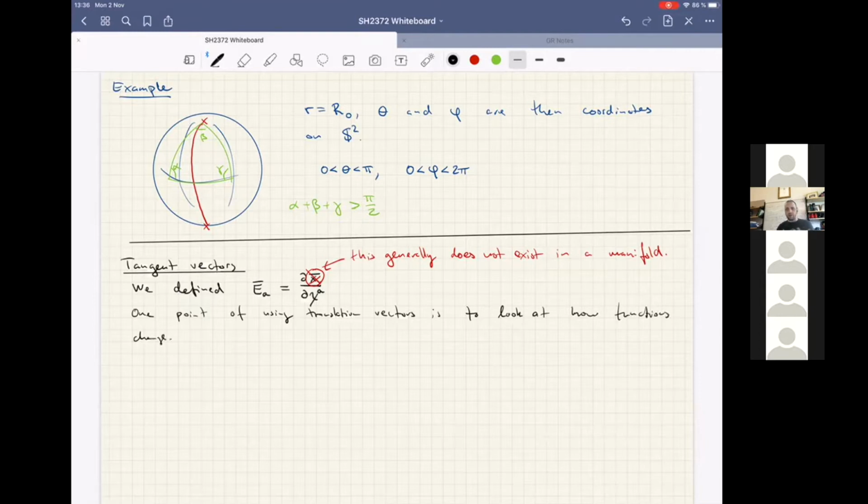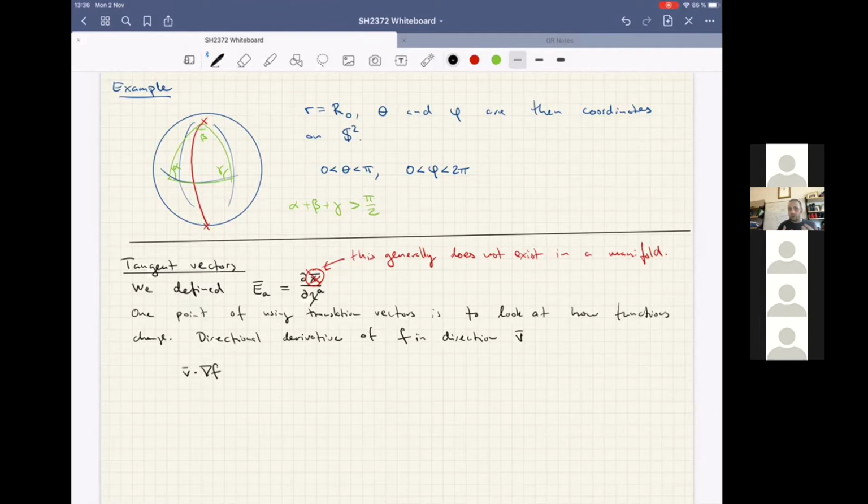So you will remember that if we look at the directional derivative of a function f, in the direction of some vector v, we could write this directional derivative as the inner product of v and the gradient of f.